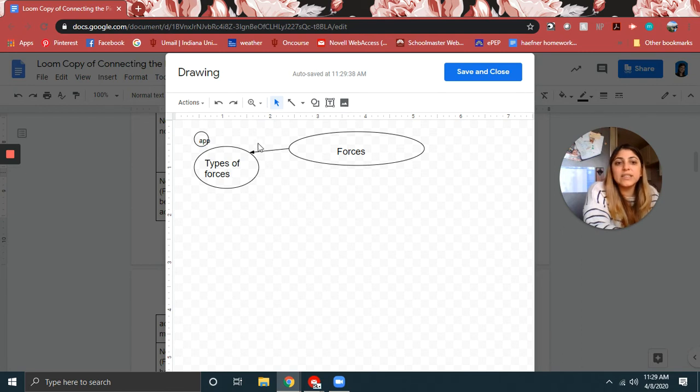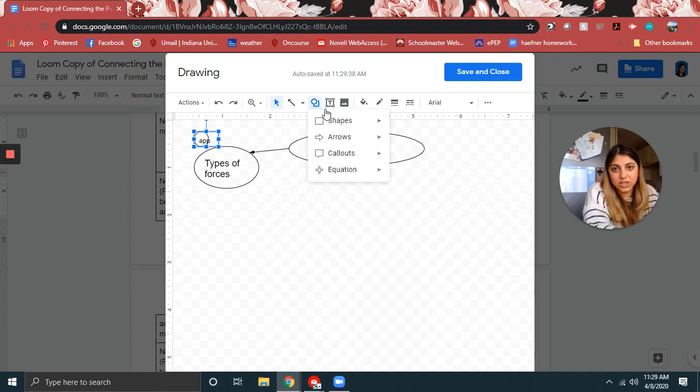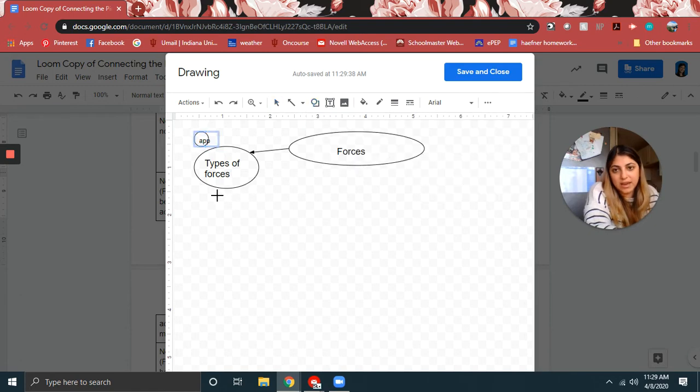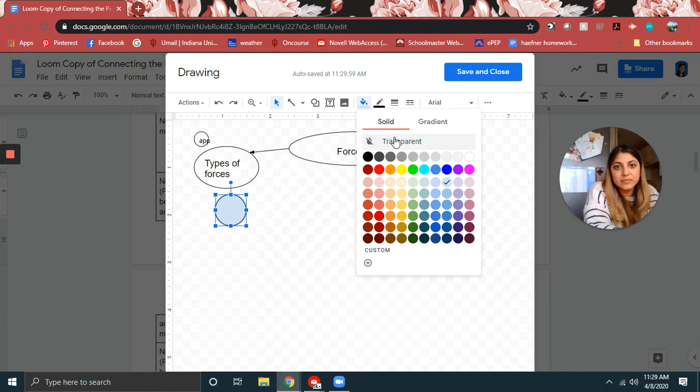Now, the point is to start with making the different concepts and then going in and talking about how they're connected. So, for example, applied force is a good one, but I think that if we take gravity, for example, so I'm going to make this a little bigger.